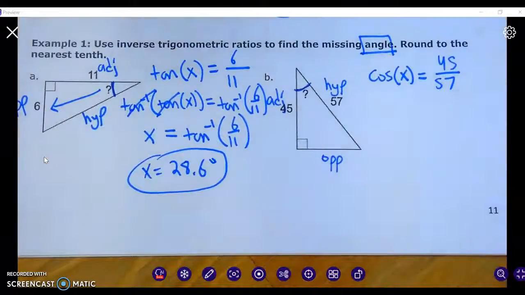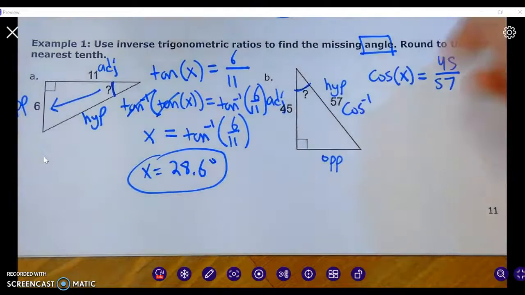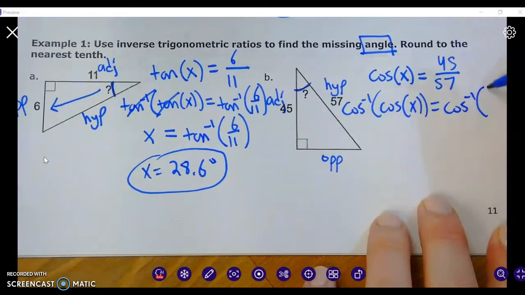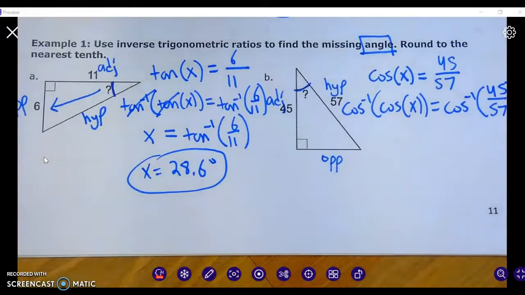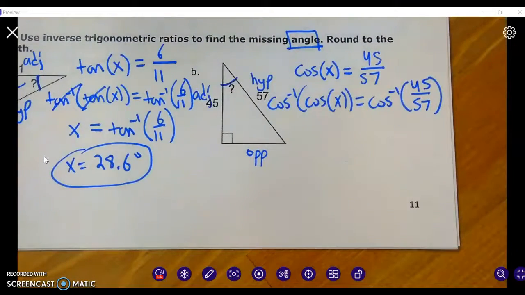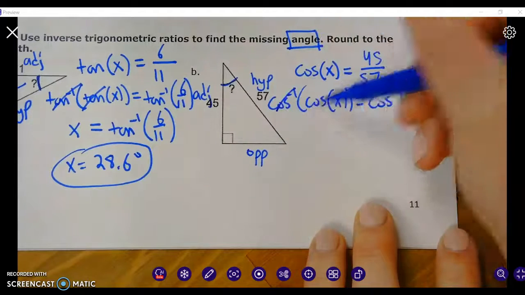Okay, so on this one, we're going to take the inverse cosine of both sides. Okay, so your cosines will cancel out.